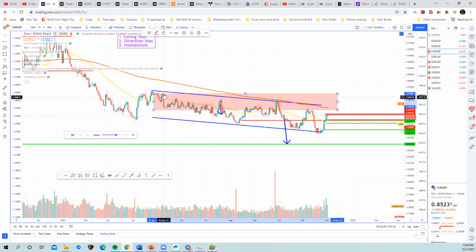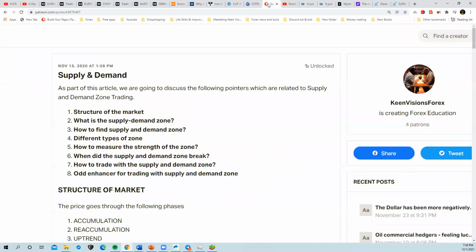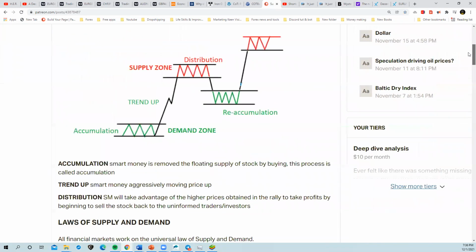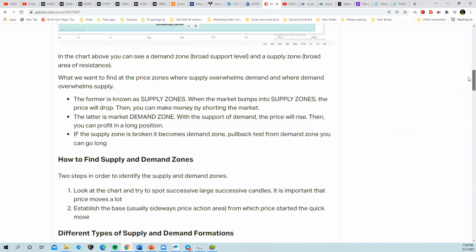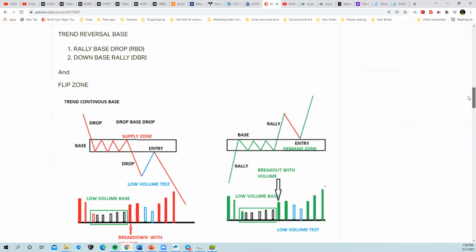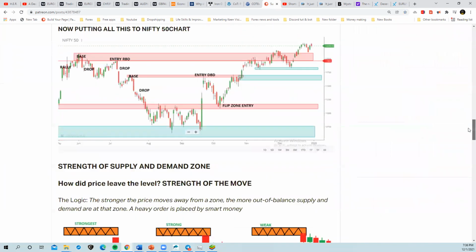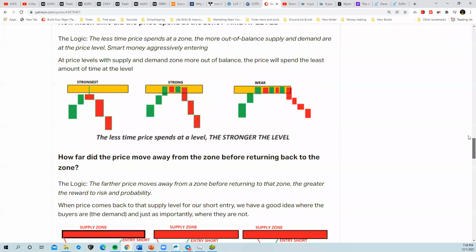I use it as just a confirmation that it's moving away from that supply. We always want to see, when we move away, a big candle.